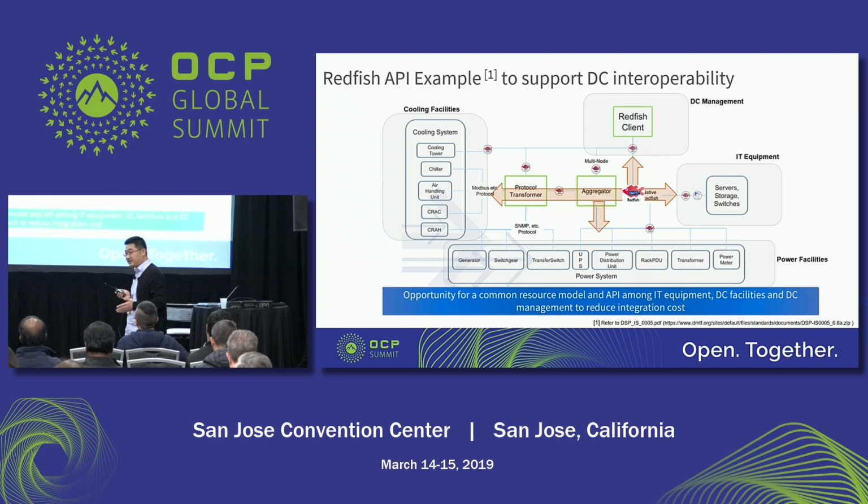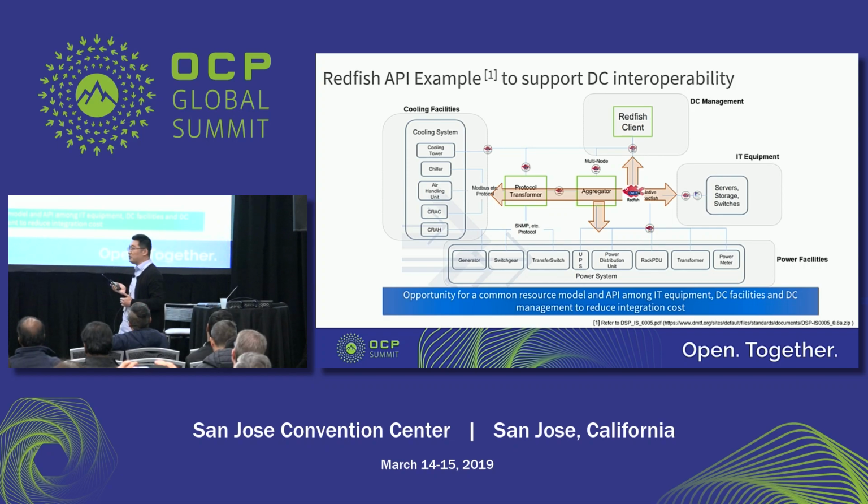It is a big challenge for these components to talk to each other because of a lot of different protocols behind these devices. As we know, the cooling facility is using Modbus or some other local bus technology. The power system is using SNMP, PMBus, or IPMI. Even some modern PDUs are moving to the RESTful-based API.